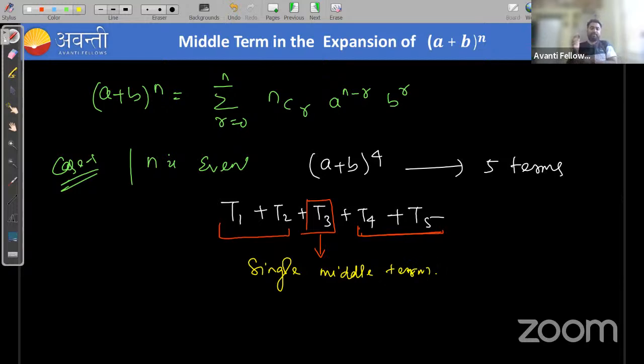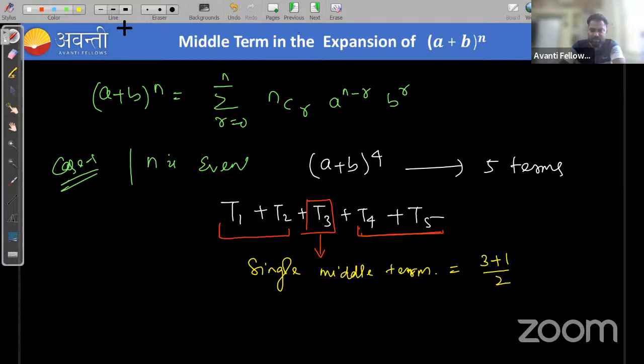That is how we can find this middle term t3. This is the third term, that is t3. So can we write this as 3 plus 1 upon 2?